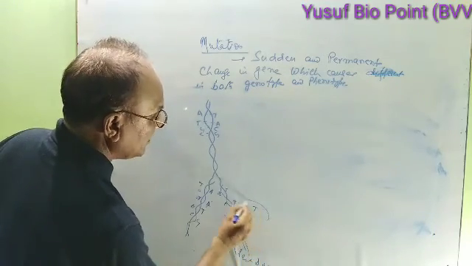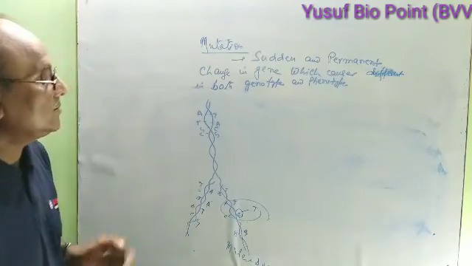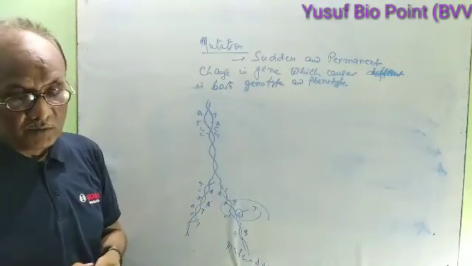And this particular change is called point mutation. मतलब changes mutation at a particular point.